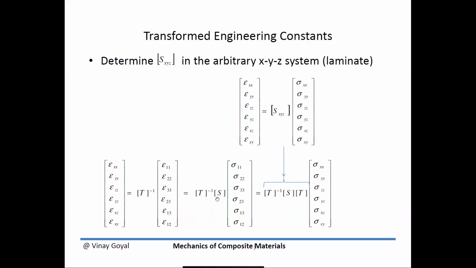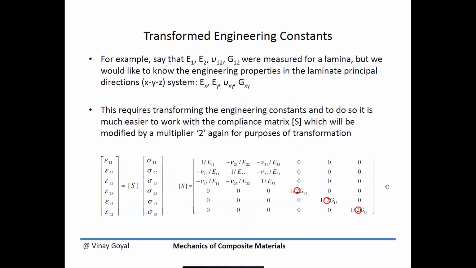But this is S, the compliance matrix in the lamina coordinate system, times the stress in the lamina system. And this lamina system stress can be related to the stress in the laminate system through this transformation matrix. So in essence, I get the same formula as before, but instead of C here, I get S there. And this is actually more convenient because I know S in the lamina coordinate system in a much easier way. And these don't have to be memorized.